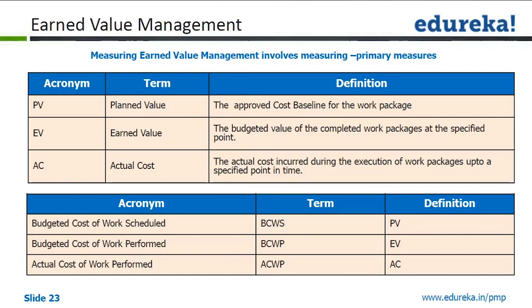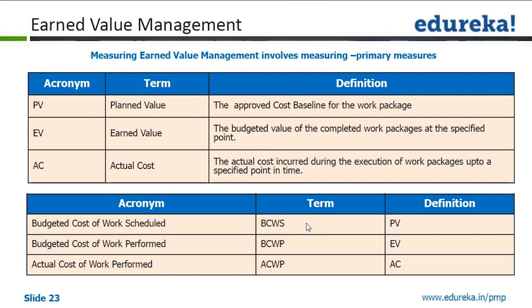Certain other acronyms that you need to remember is that, because the PMP is an examination which started a long time back, there are still some questions which sometimes pop up based on the previous ones, so the previous terminologies are used. BCWS, which is budgeted cost of work scheduled, is actually planned value. So remember that PV is BCWS.